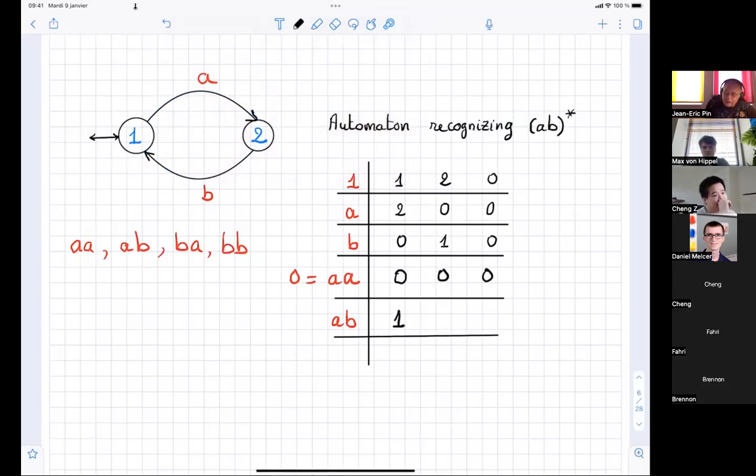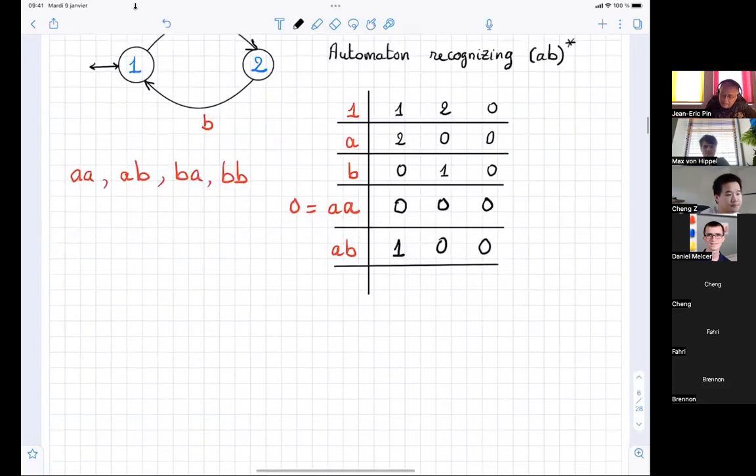If I start from state 2 and I read AB, I can't, so I go to 0. I think that's a new element. So let me continue. Let's do it for BA.